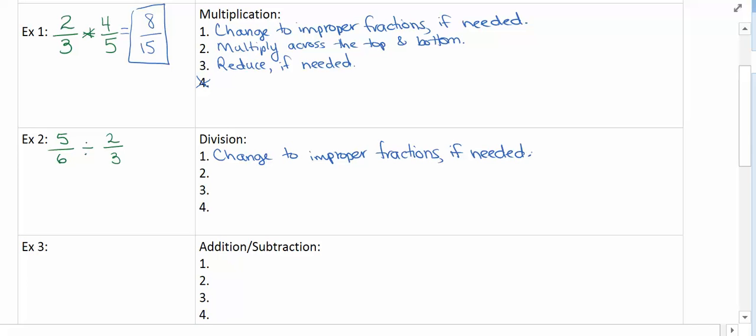Okay. The next step is with division, you want to flip over the second fraction and change the sign to multiplication.